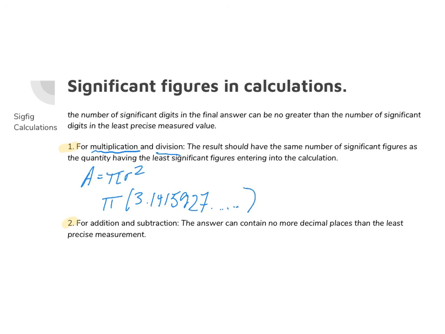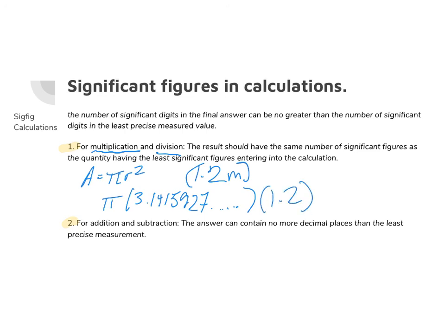But if we're calculating this area and we use a radius of 1.2 meters, this digit only has 2 significant figures.